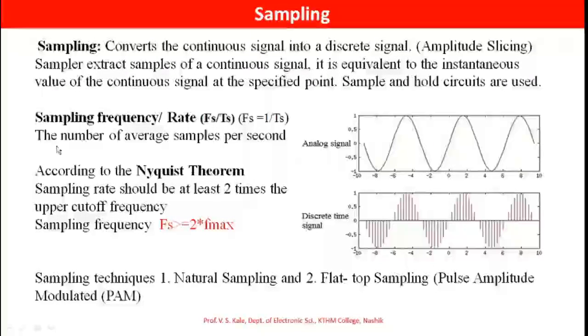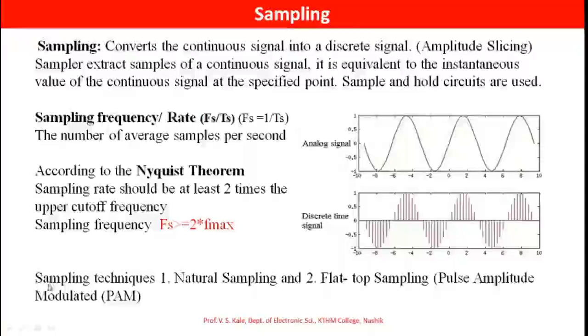The sampling frequency is the number of average samples per second. According to the Nyquist theorem, sampling rate should be at least 2 times the upper cutoff frequency, that is sampling frequency Fs is greater than or equal to 2 multiplied by Fmax.